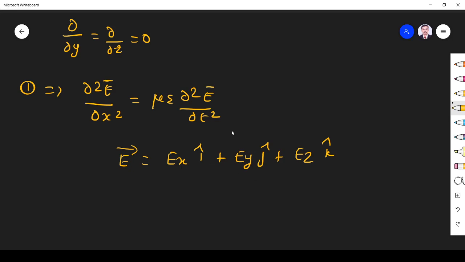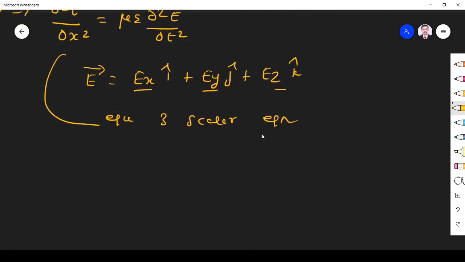So this vector equation is equivalent to three scalar equations, Ex, Ey and Ez. We do some manipulation here.